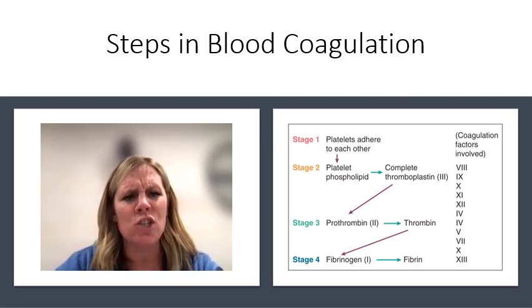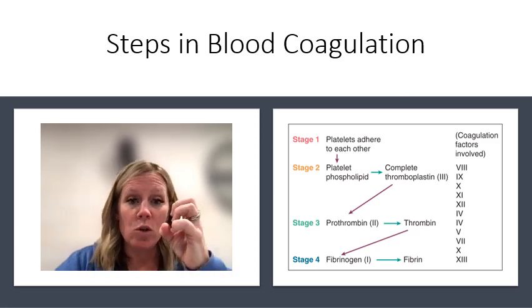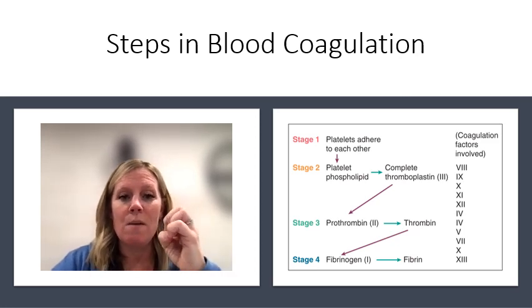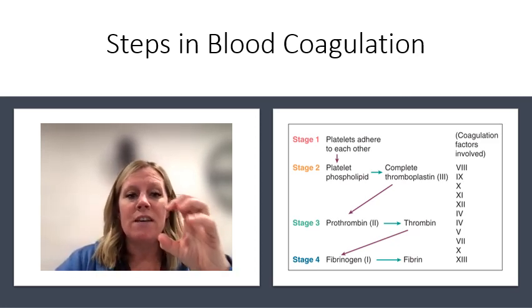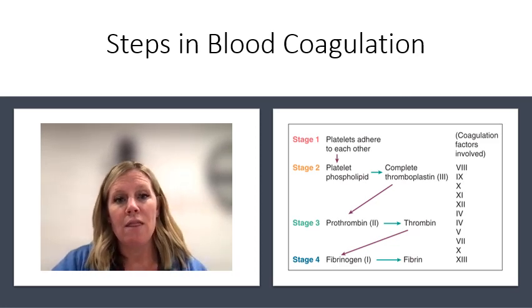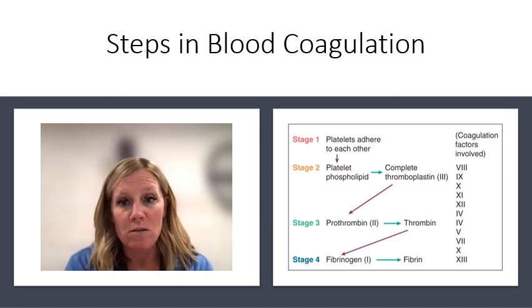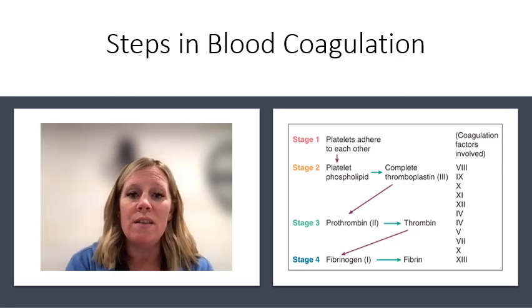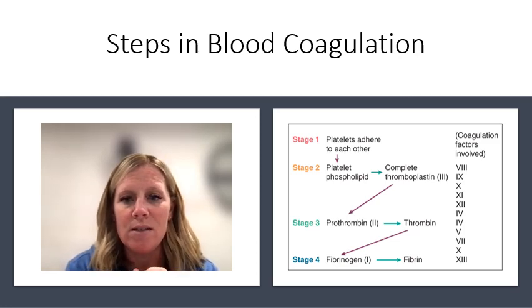So when a vessel is injured, vasoconstriction occurs, right? That's kind of the body's defense mechanism. Vasoconstriction occurs in the area proximal to the injury, thus narrowing the vessel lumen and reducing the amount of blood that can flow to that injured area. That's the way our body compensates.